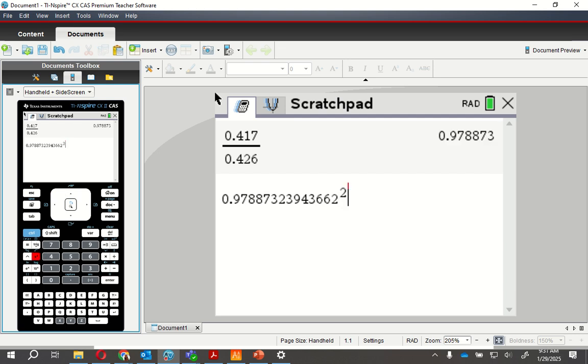I just copied it over so it has the whole number. And that's going to be 0.958.